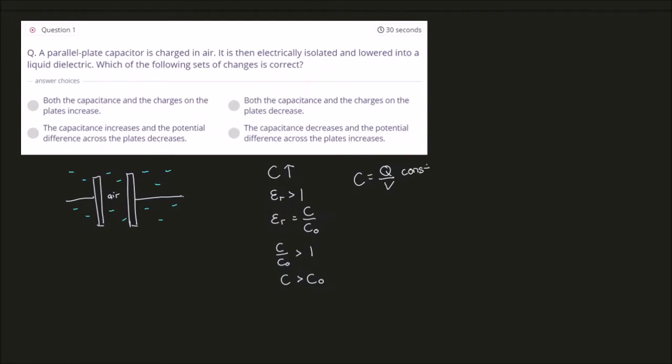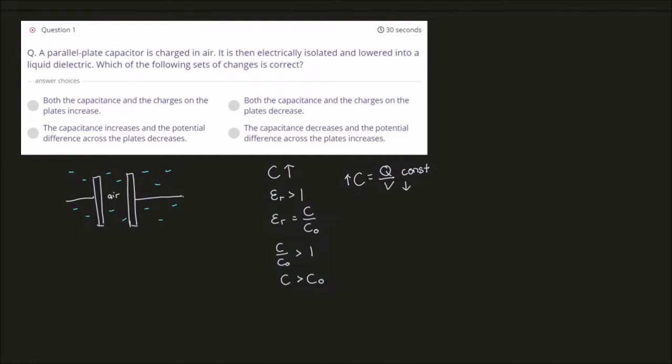If Q is constant and the capacitance is increasing, we can arrive at the conclusion that V should be decreasing. Sorry, not increasing, decreasing. So the potential difference across the plates will actually decrease due to the dielectric.